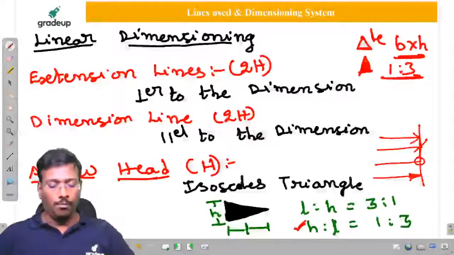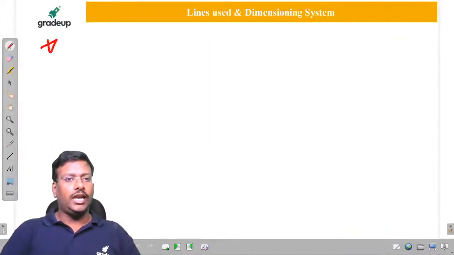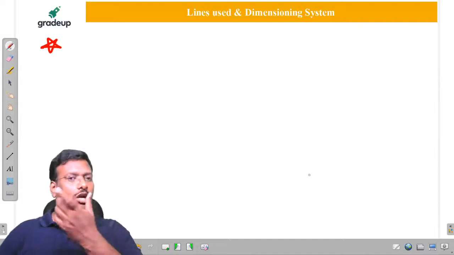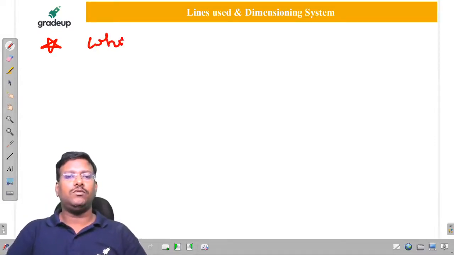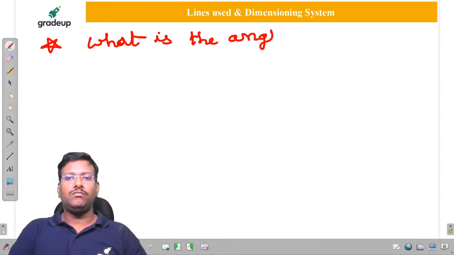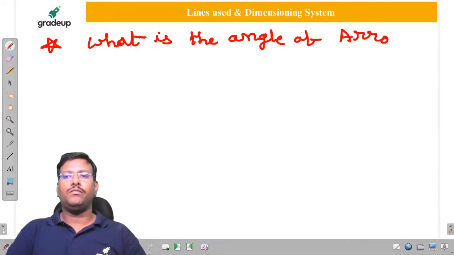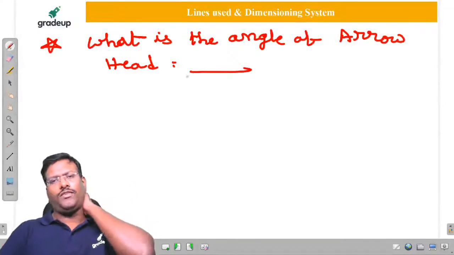And one more important question. We got this one in a few competitive examinations. What is the angle of the arrowhead? You check it out. They gave different answers, sir.